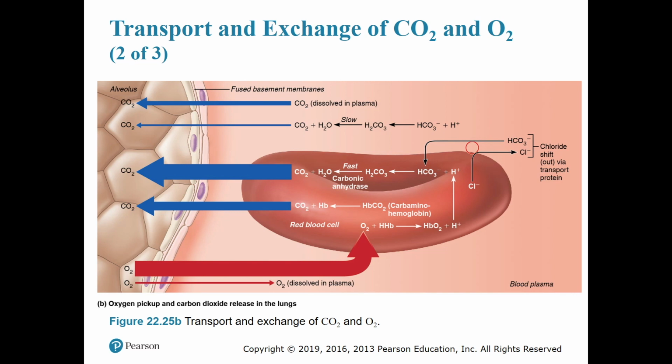Okay, so now here, figure 22.25b, we're looking at what happens at the alveoli and the capillaries. You can see the red blood cell. CO2 dissolved in plasma diffuses into the alveoli, and also the reaction bicarbonate plus H+ is converted to carbonic acid, which is split into CO2 and water. And then in the red blood cell, we have the unloading of CO2 and the chloride shift happening.